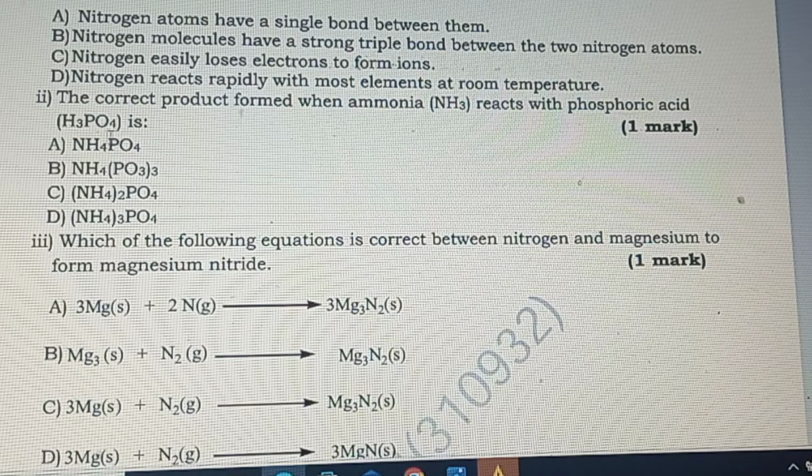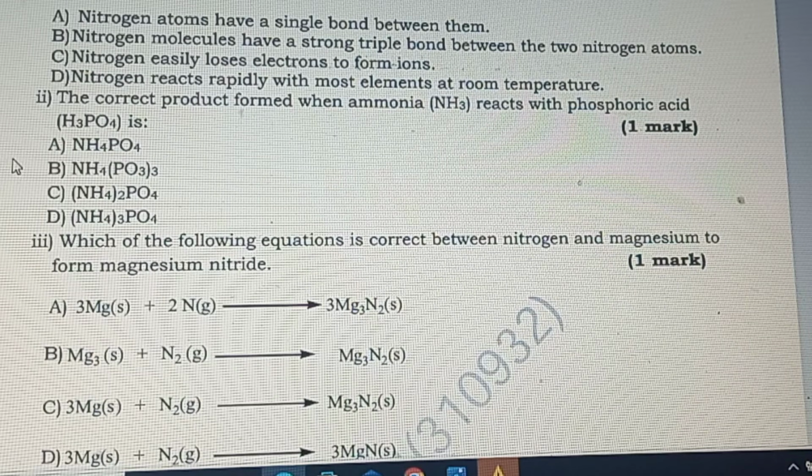Phosphoric acid is hydrogen phosphate, which means that ammonium replaces the hydrogen. The correct option is letter D, ammonium phosphate. Ammonium is a radical with one valency, and phosphate is a radical with three valency.